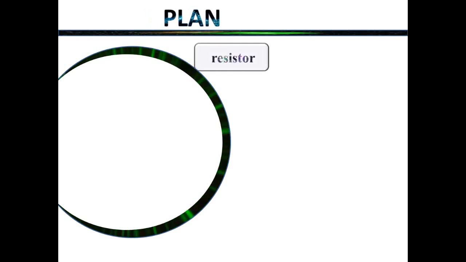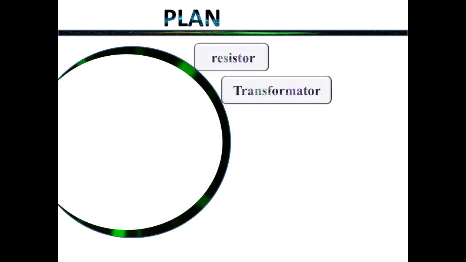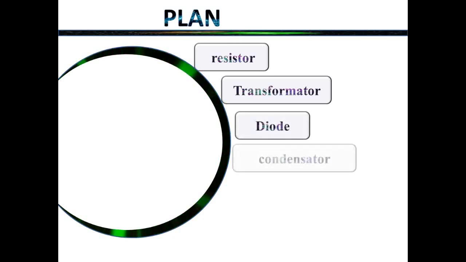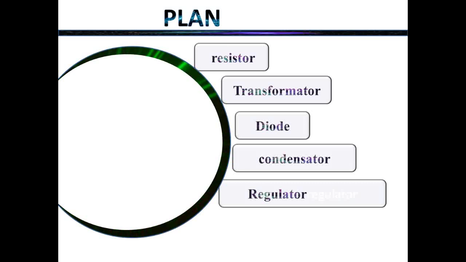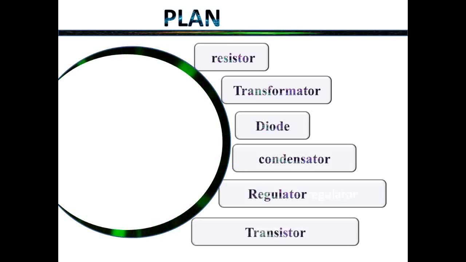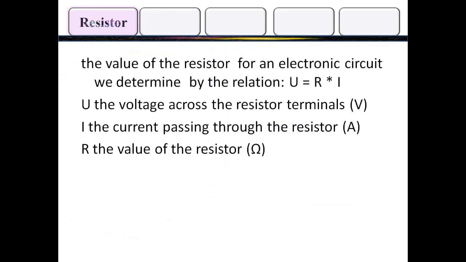As a plan to explain all the details of this example circuit, I start by explaining the resistor and transformer as two essential components, and so easy. And after, the diode, capacitor, regulator, and finally the transistor.